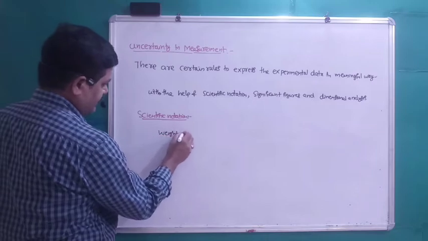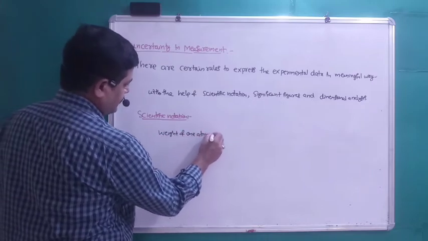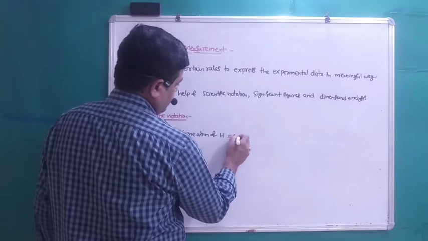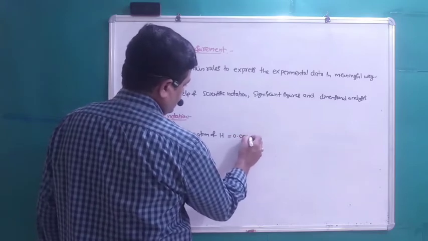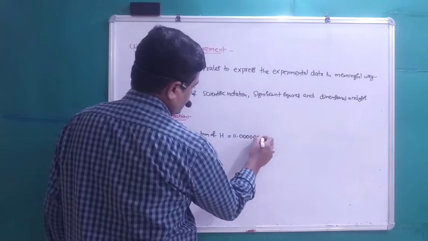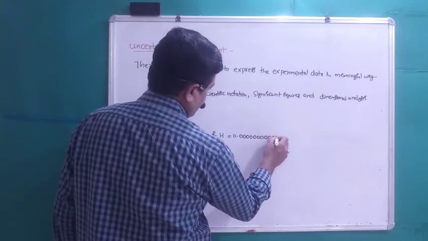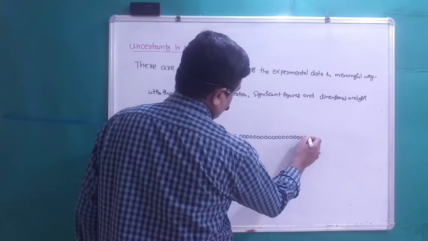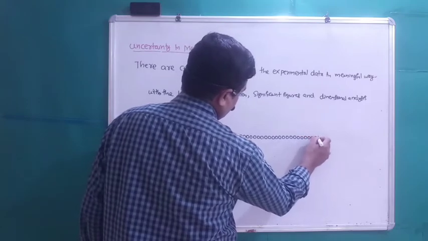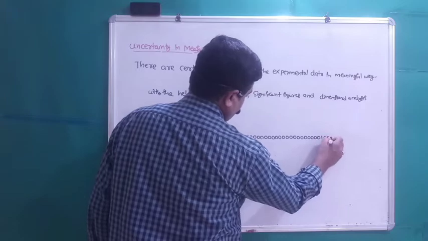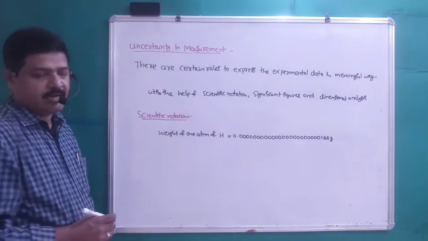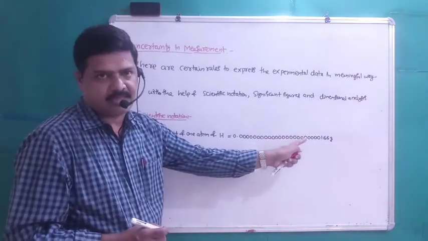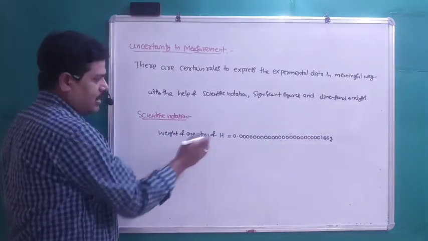The weight of one atom of hydrogen is equal to 0.00 followed by many zeros, then 166 grams. This is a very small number.